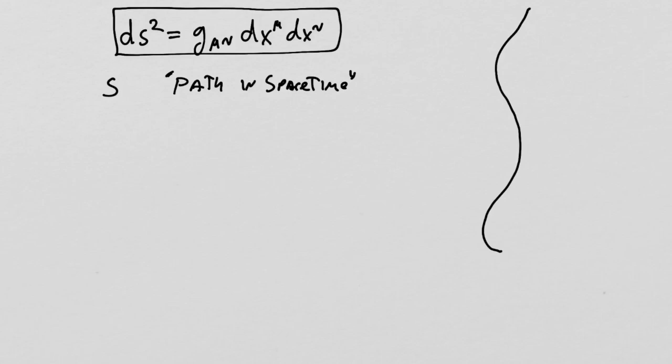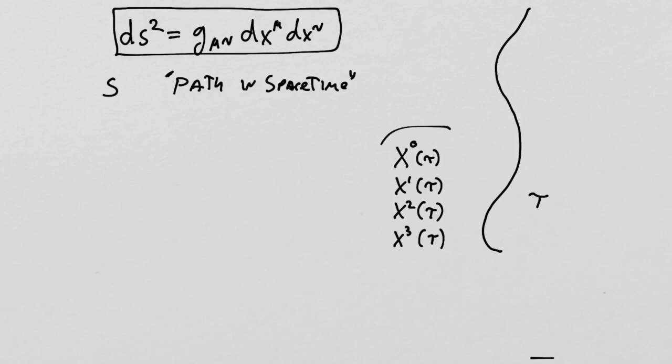But the basic idea is we have some parameter along the path we could call tau, and we know x0 as a function of tau, x1 as a function of tau, x2 and x3 as functions of tau. And basically we've created a parameterization of the path as a function of tau. And that's what this means.